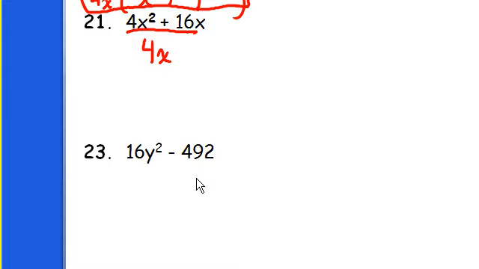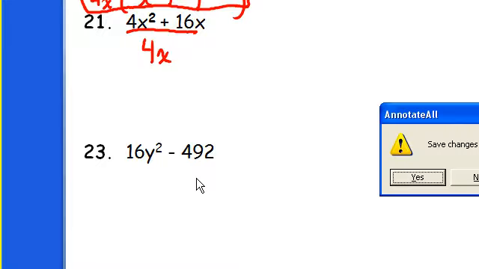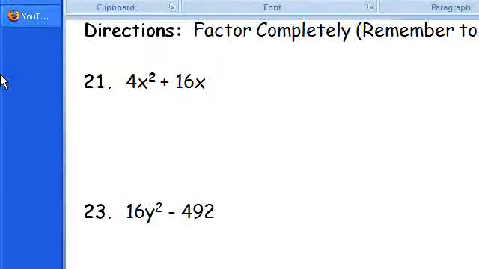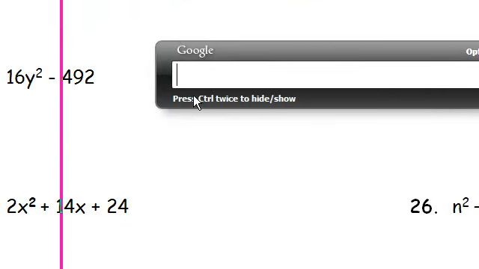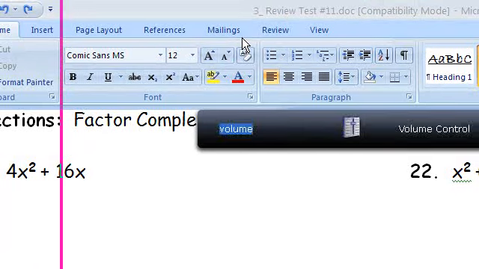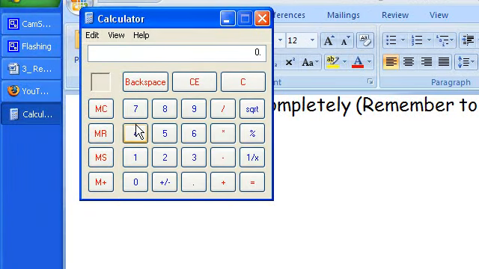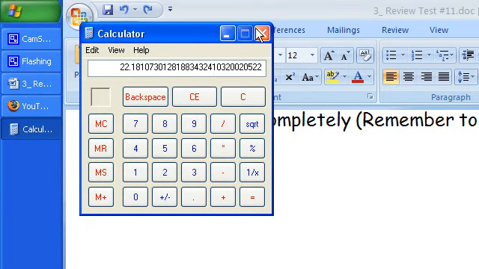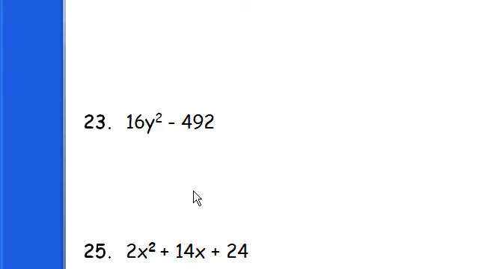I just want to see if that is a square. Is there a square root on here? No.